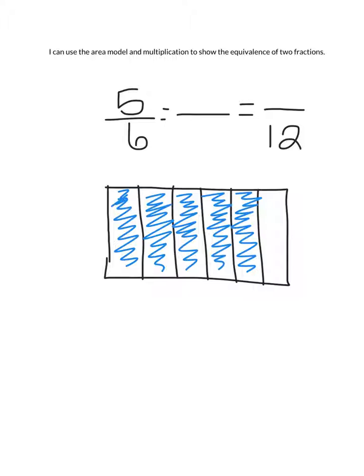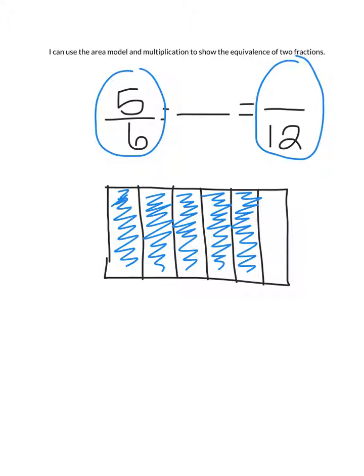Okay, in this example, we have the fraction 5/6 here, and I want to represent an equivalent fraction that's got a denominator of 12. And I want to try to find out what the numerator will be for that fraction. Here I've got an area model that shows 5/6 already shaded.